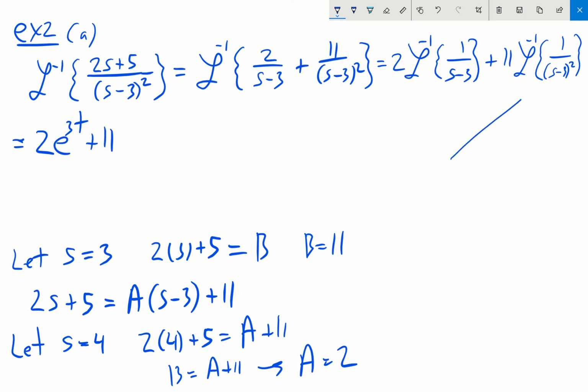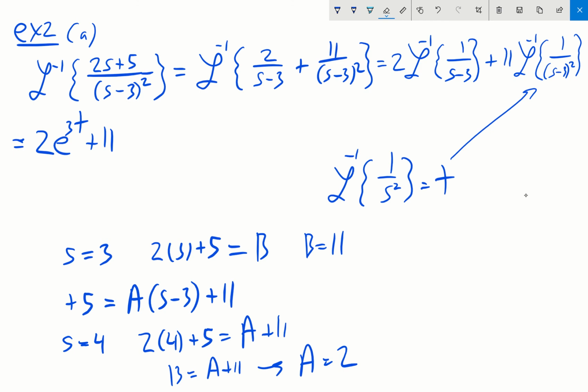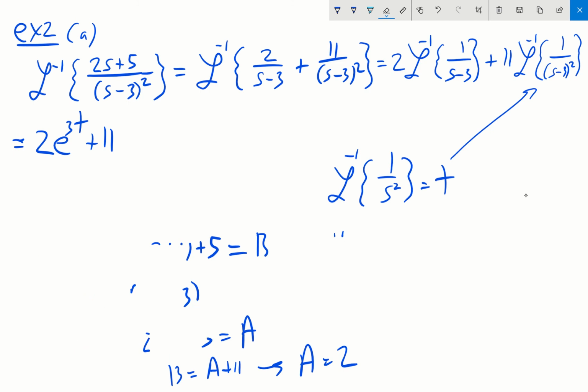Now let's focus on this term right here. One of the things we know is that the inverse Laplace operator of 1 over s squared is equal to t. And we're going to invoke that shift theorem that we just saw a little bit ago. Let me remind you of that.